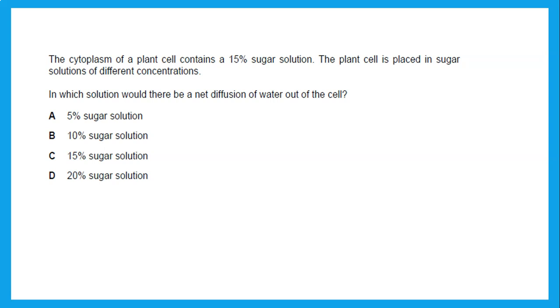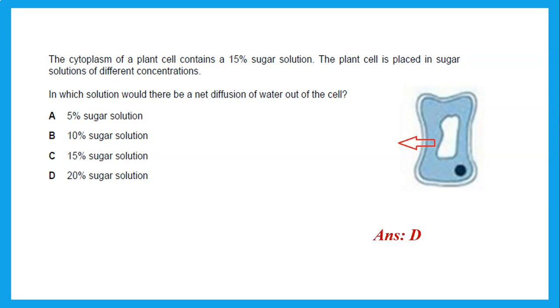For the water to go out, then outside should be lower water potential, and that means a more concentrated solution. So for the water to go out of my plant cell, it must be going to something that is more concentrated than what is inside. So that means something that is, for example, 20% sugar solution. If it is 20% sugar solution, that means it's a more concentrated solution than the one inside the plant cell. So water will move out of the plant cell.